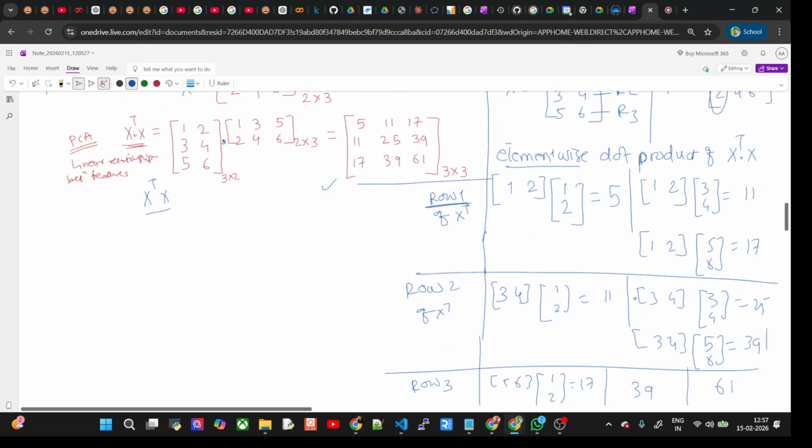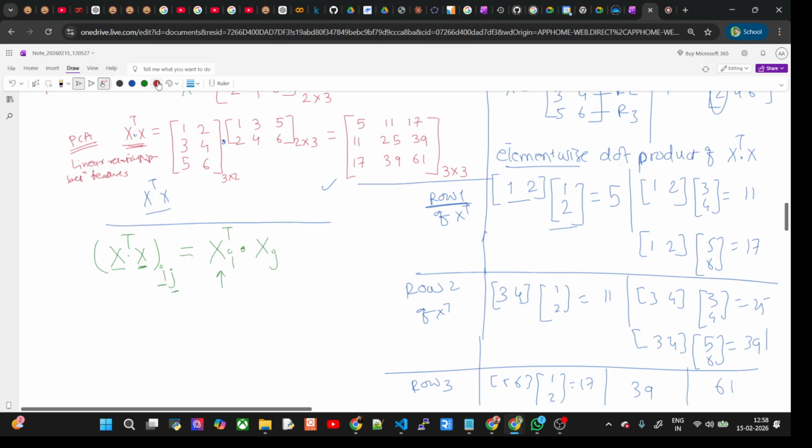If I do the element wise dot product of X transpose X, and finally put all these things together, I'll use another notation here. If I say X transpose X of i comma j, this is nothing but X transpose of i into X of j. X transpose takes i and X takes j.